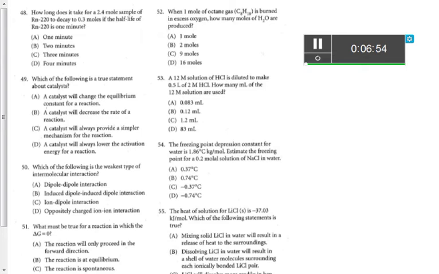Good luck. I'm going to cut this one off 1 minute early because there's not a lot of calculations. So just FYI, you'll be fine.